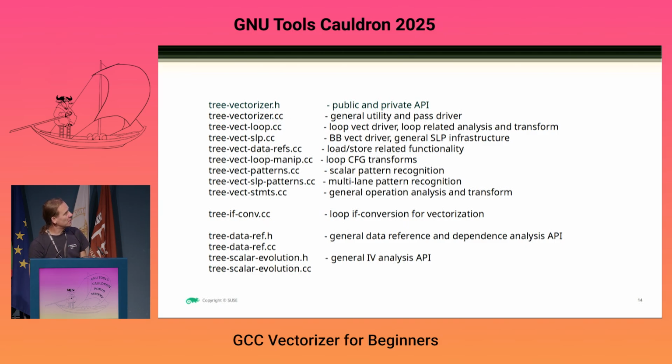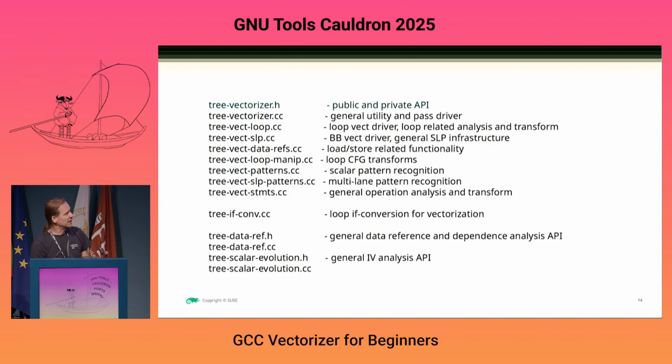Then we have the tree-vect-loop-manip that does loop transforms, like the peeling, the versioning, induction variable related stuff. In all cases, it's what is special for the vectorizer, or the implementation that was done for the vectorizer. In GCC you often have two or three implementations for loop copying, and the vectorizer also has one of those, and these are in this file.